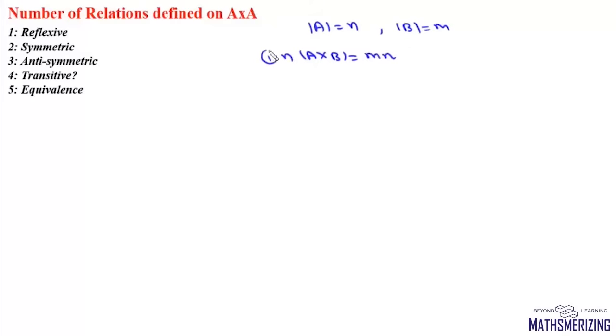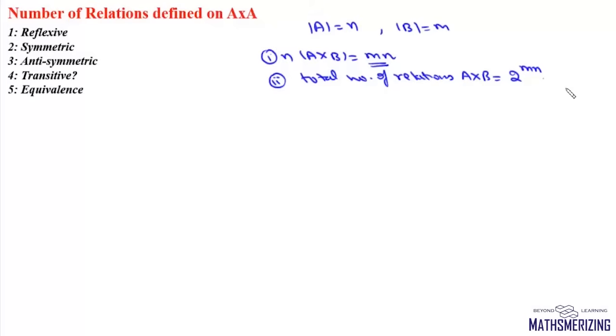And also we know that the total number of relations defined on A cross B is given by 2 to the power of mn. A relation is nothing but a subset of A cross B, so the total number of subsets of A cross B will be 2 to the power of mn.